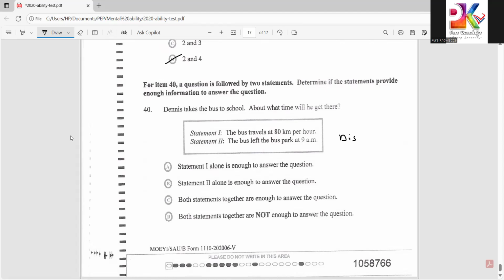Statement 1 is not enough, knowing what time the bus left and how fast it's traveling. You have to know the distance. So I would say that both statements together are not enough to answer this question, because you need to have the distance, the number there, to work it.